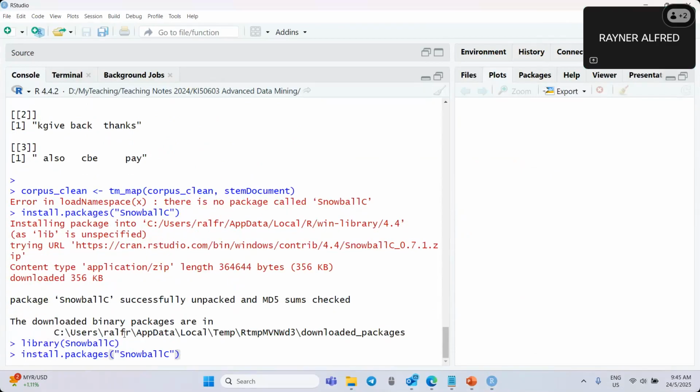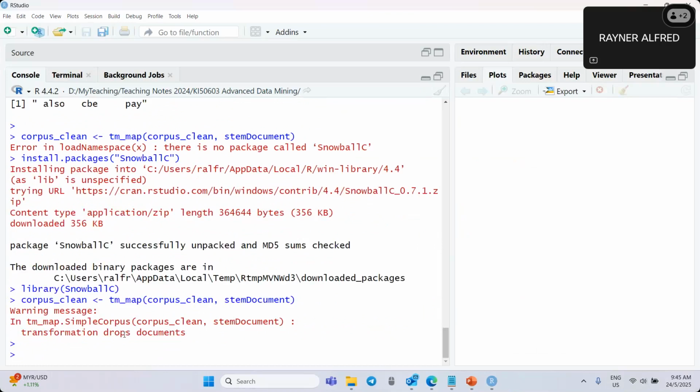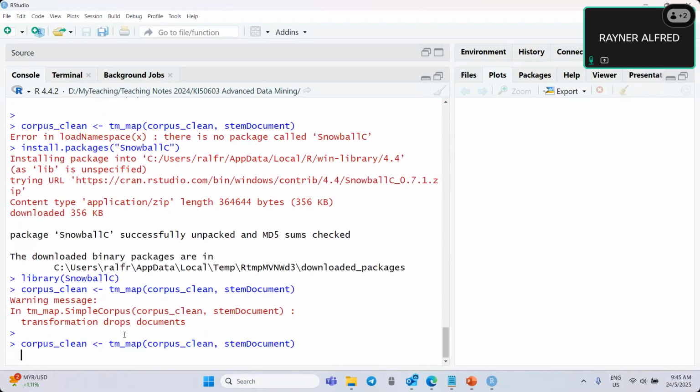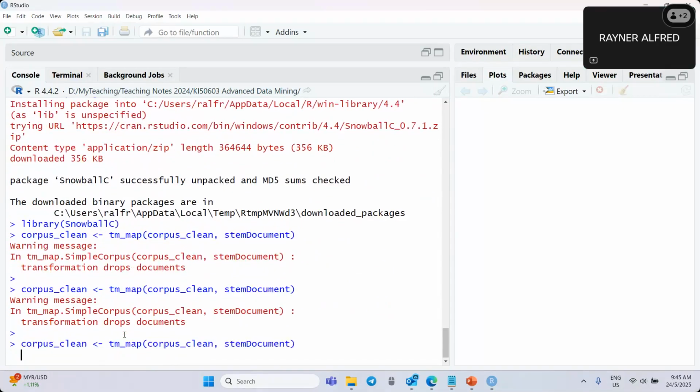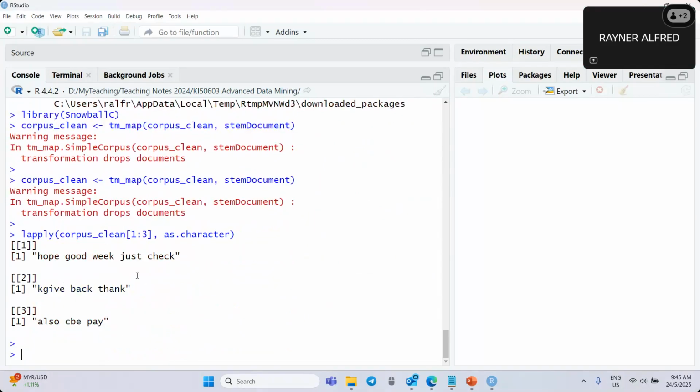Then we can do the stemming. If we look at the list, the ing and s are all removed.